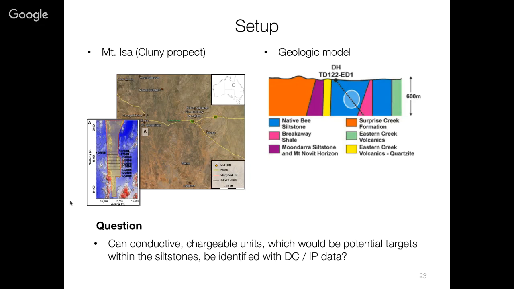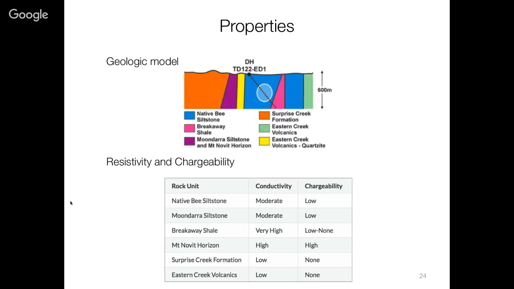If we look at these various rock units, there were two things that were particularly interesting. There was this Breakaway shale, that black shale, which had very high conductivity. But when it comes to chargeability, it doesn't really have a lot.